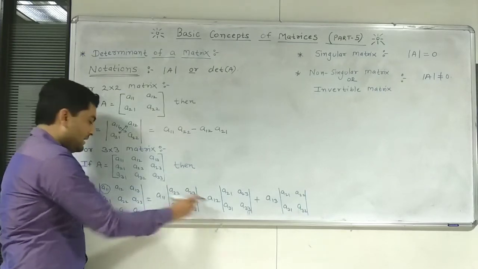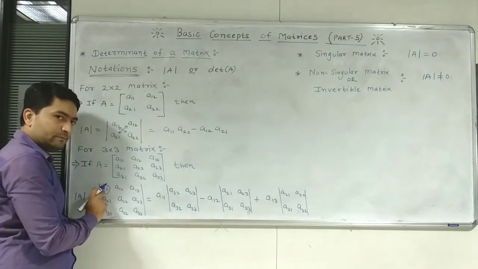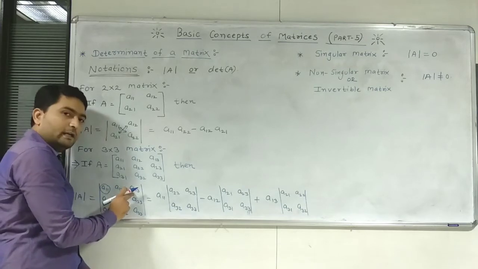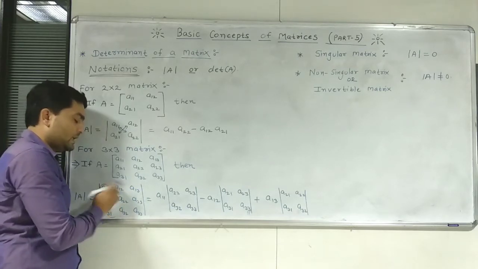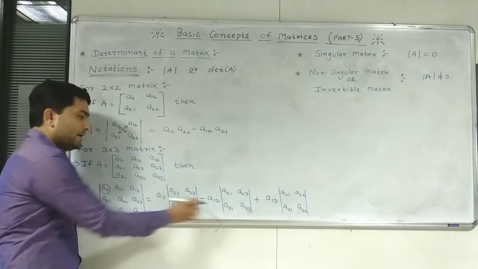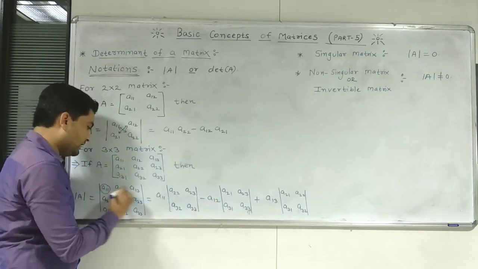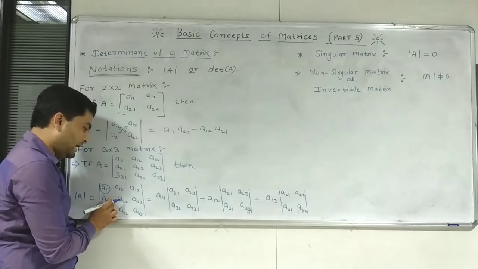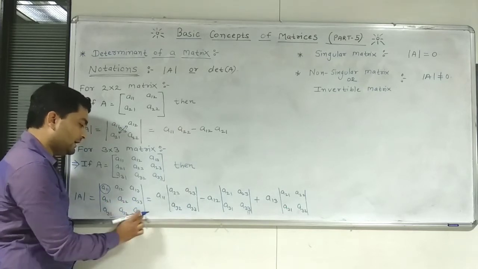Okay, then you have to write down. Here this first entry is positive, then second entry is negative, then third entry is positive. So you have to check alternate sign. Okay, so minus A12. Now removing first row and second column. Okay, so we get A21, A23, A31 and A33.